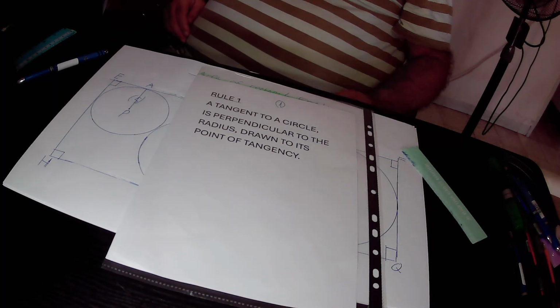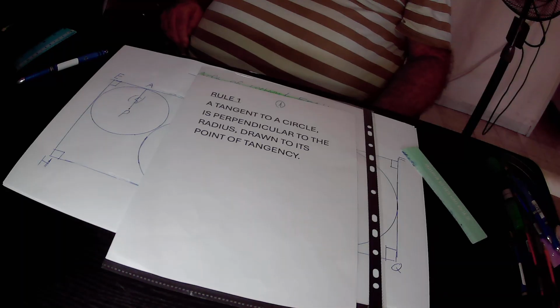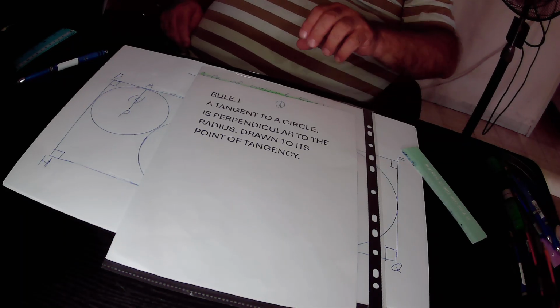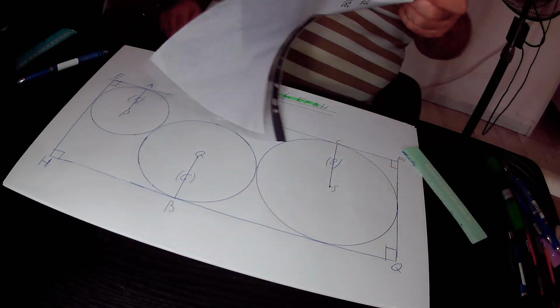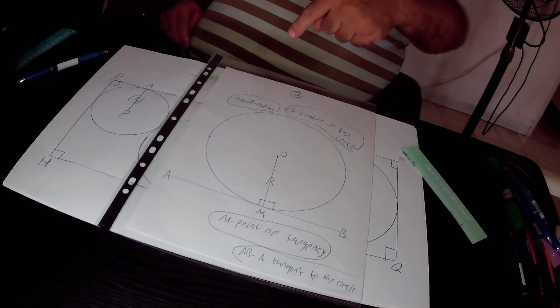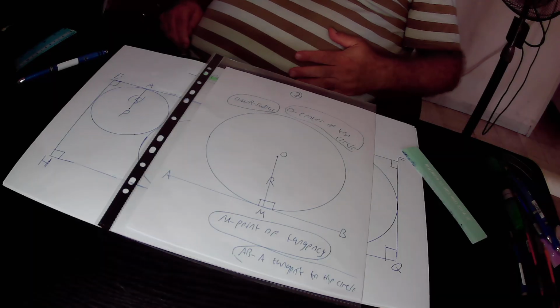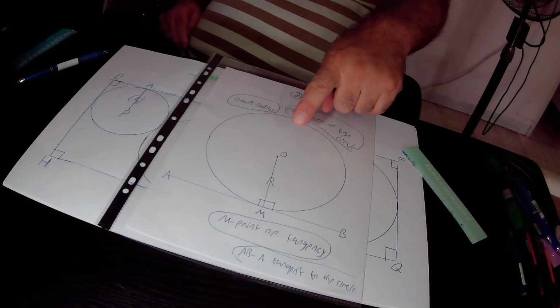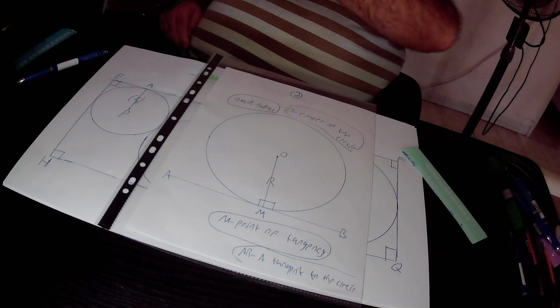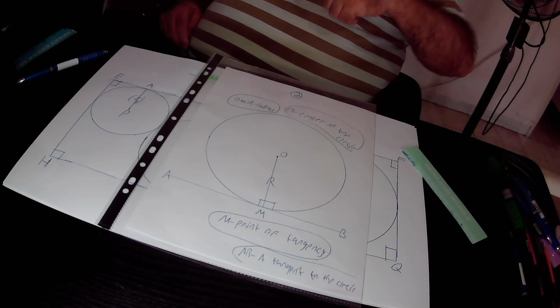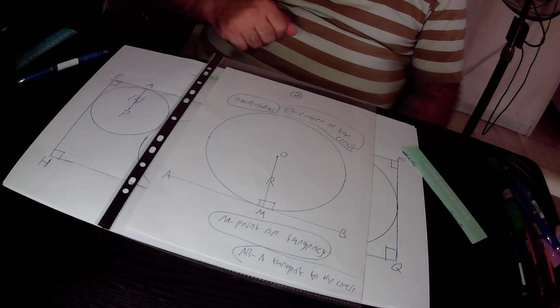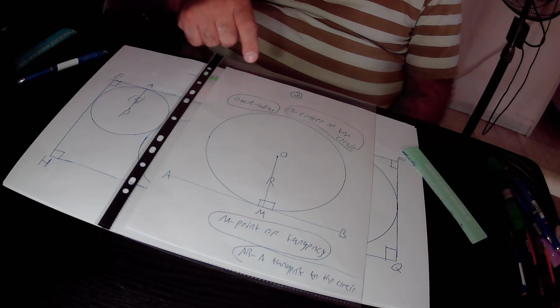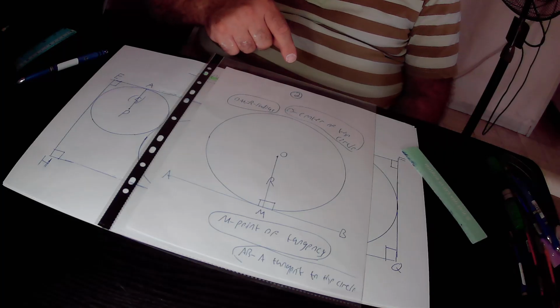According to rule 1, the tangent to a circle is perpendicular to the radius drawn to its point of tangency. So in the drawing we have a circle. OM is the radius of this circle, that is equal to R. The radius OM is drawn to point M, the point of tangency of tangent AB with this circle.